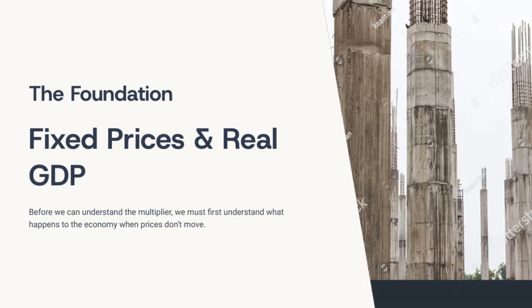Before we dive into how the multiplier works, it's important to understand what happens in the economy when prices stay fixed. So, let's focus on this idea of fixed prices and real GDP. Think of this as the foundation of our discussion. When prices don't change, it allows us to see more clearly how the economy responds to changes in spending and output.